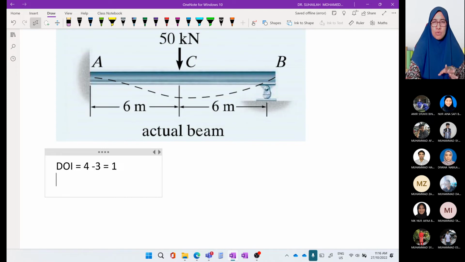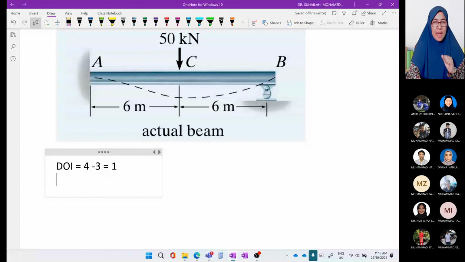After we remove one support from the actual beam, the beam will become a determinate beam. We have to make sure that we get either a cantilever beam or a simply supported beam after removing the redundant from the system.